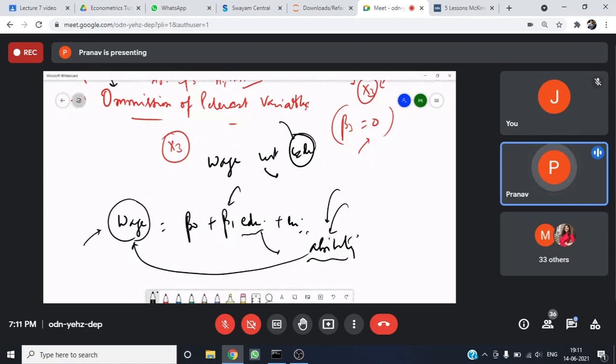So when you have the exact opposite case of a variable is relevant. Now, why is it called relevant?